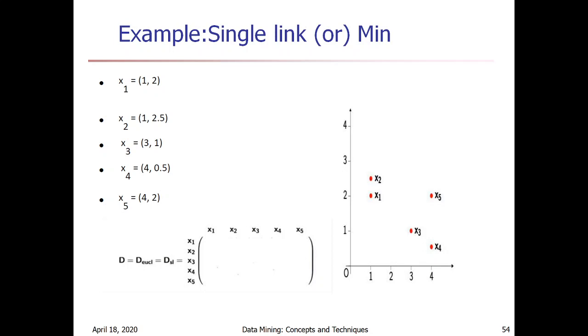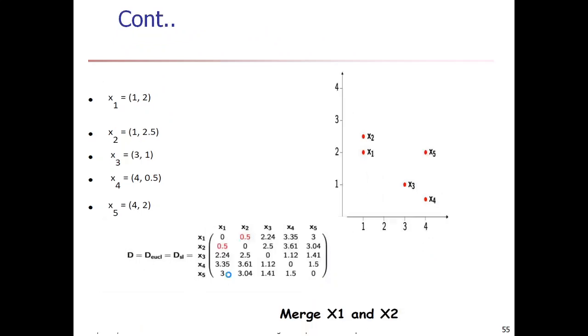Taking an example of single link or the minimum, you have the points x1, x2, x3, x4, x5, which can be represented in the form of a graph. When you represent it in the form of a graph, it looks like this. You need to find the distance matrix that you need to evaluate.